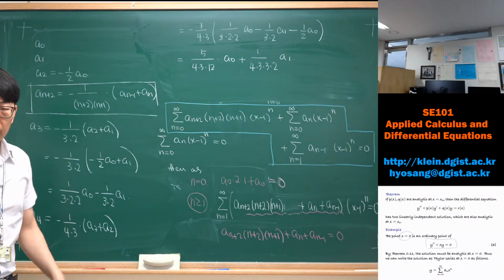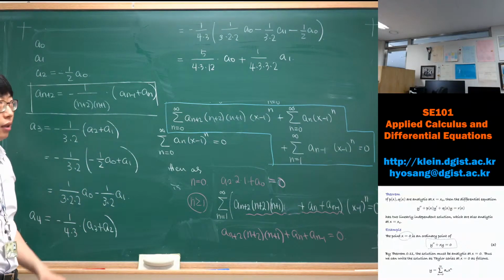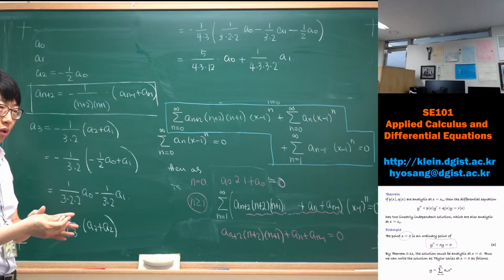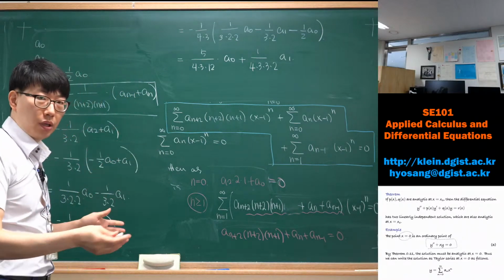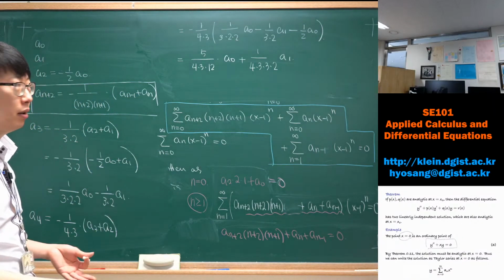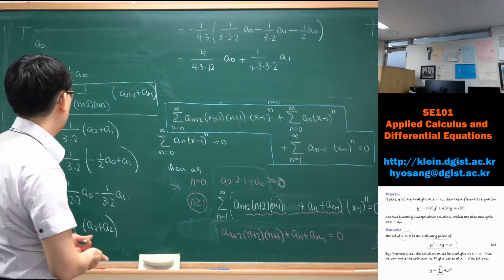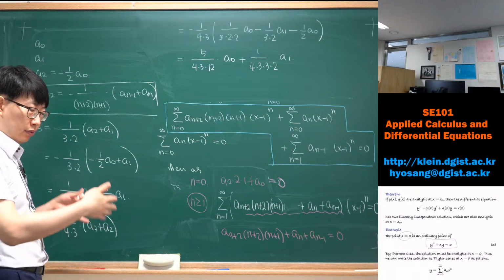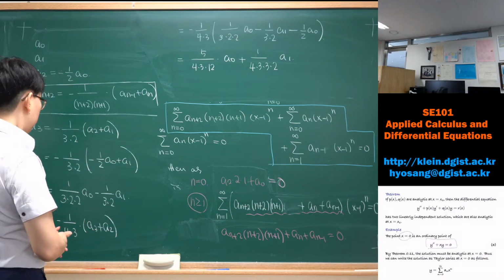So if you are able to find a pattern of AN in terms of N, that's very good because you can expand your series solution infinitely many times. But many times it's hard to find the pattern of AN or exact formula of AN in terms of N. So we stop until we are satisfied to find the sufficiently large power terms.